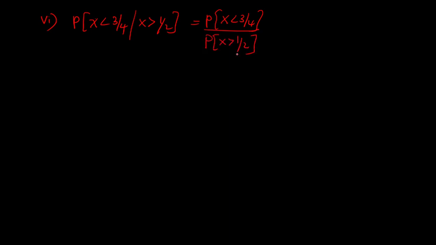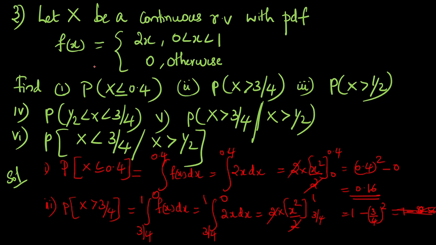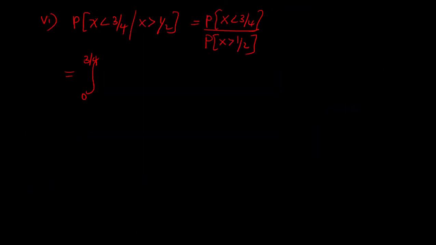Next is P of x less than 3 by 4 given x greater than 1 by 2, equal to P of x less than 3 by 4 divided by P of x greater than 1 by 2. P of x less than 3 by 4 means integral 0 to 3 by 4 f of x dx. And for all values of x between 0 and 1, the function will be 2x.